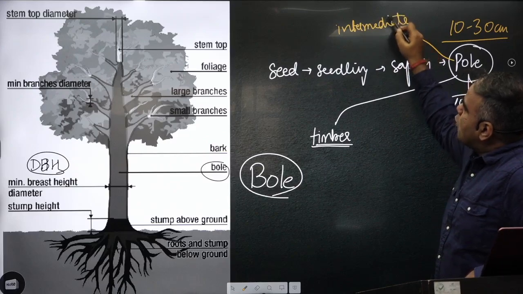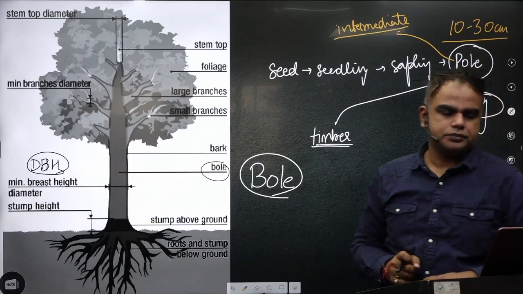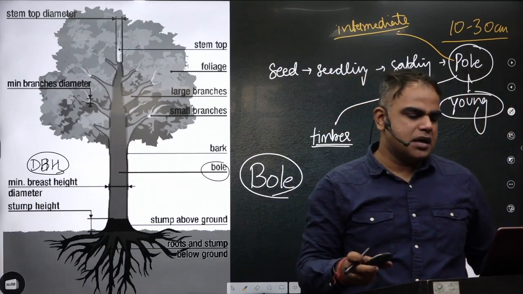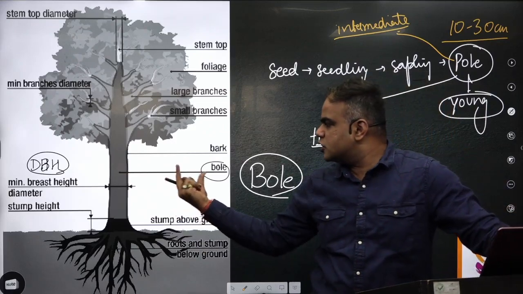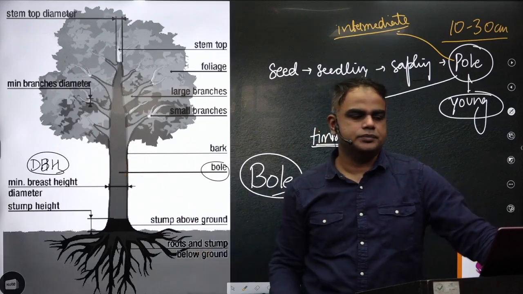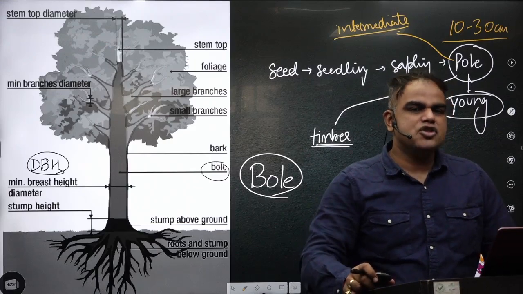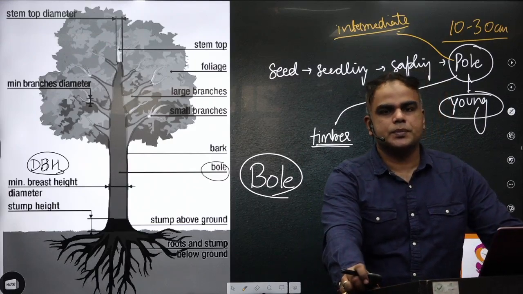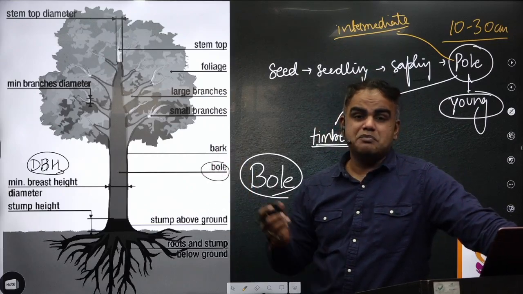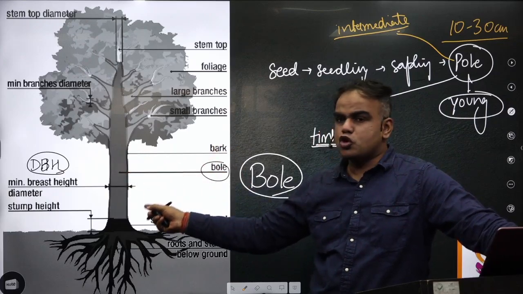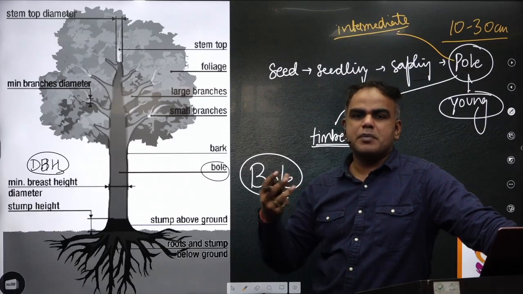Now talking about bole, B-O-L-E, you can write: it is the main trunk of the tree, excluding branches, leaves or roots. Bole is the most commercially viable part, used for timber production.